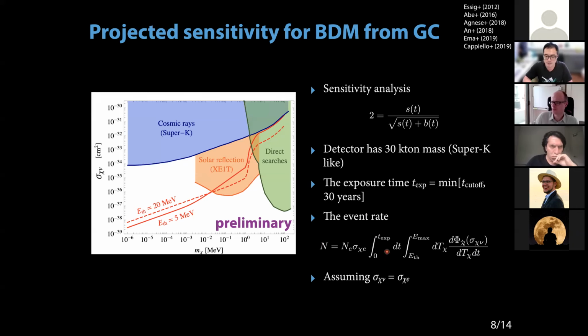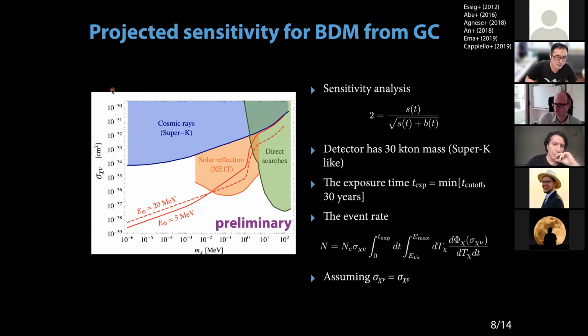As you can see from this formula, there are two cross-sections. One is the dark matter neutrino cross-section, which is responsible for the boosted dark matter. The other is the dark matter electron cross-section, which is responsible for generating events inside the water Cherenkov detector, such as Super K. Because we are doing a model independent analysis for this scenario, for simplicity we assume both cross-sections are the same.